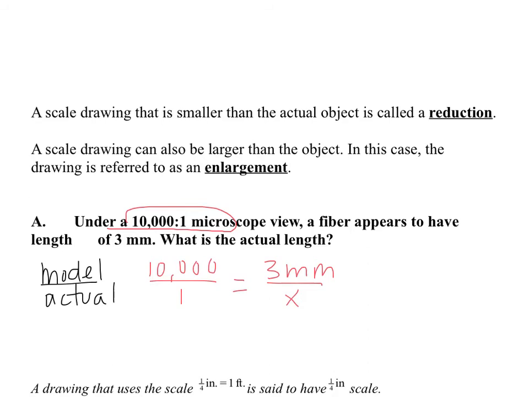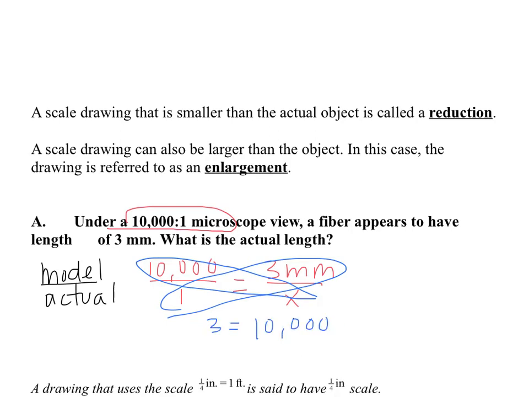Okay? So again, we need to cross multiply and divide. So 3 times 1 is 3. 10,000 times x is 10,000x. Okay, we undo multiplication with division, so we divide both sides by 10,000. So we need to do 3 divided by 10,000.